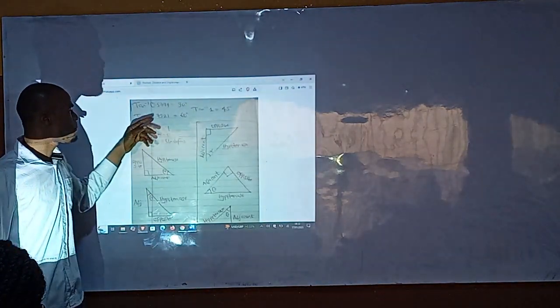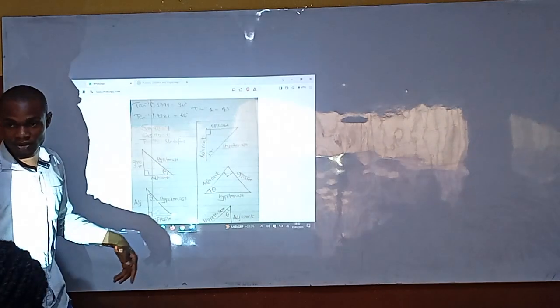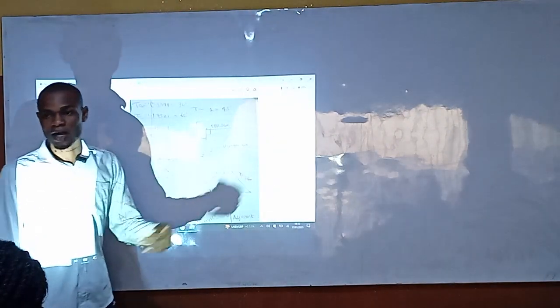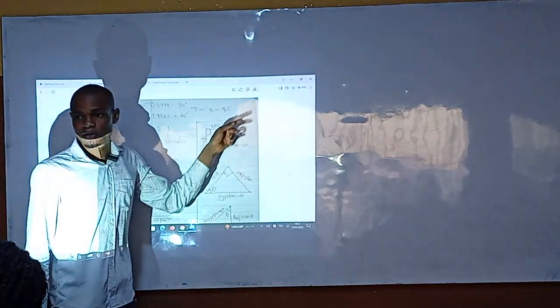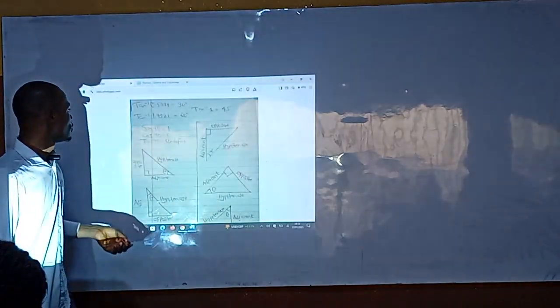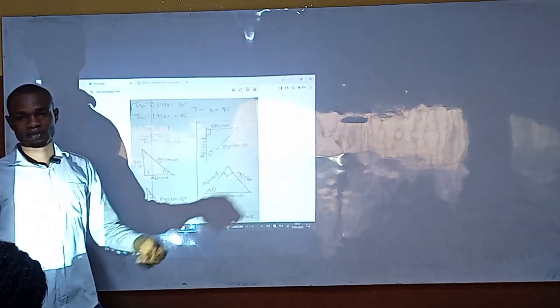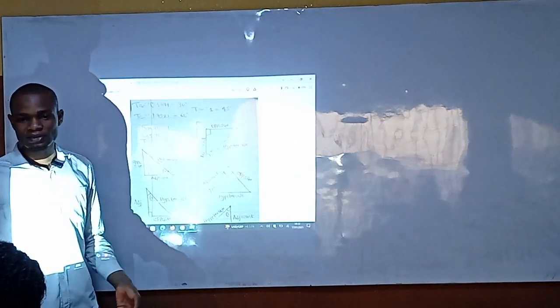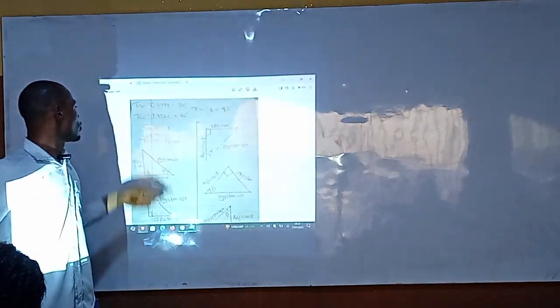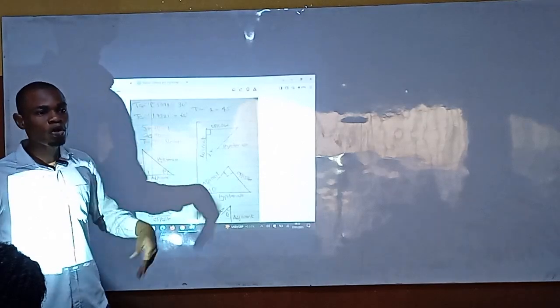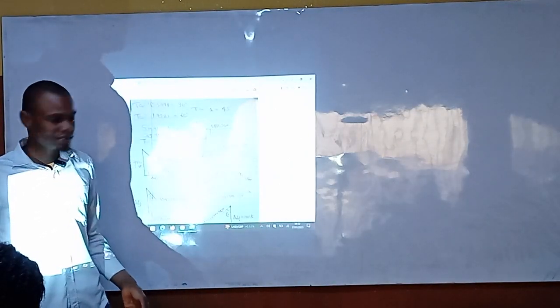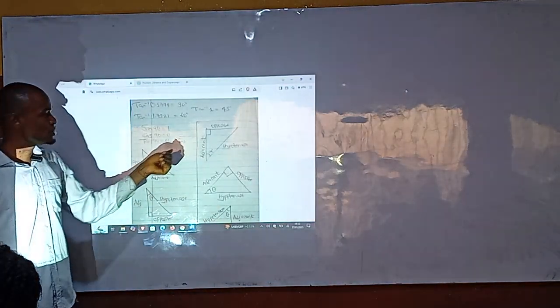Arc tan 1.7321 is 60 degrees. Tan 45 is 1. Arc tan 1 is 45 degrees. Sine 90 is 1. Arc sine 1 is 90, right? Cos 90 is 0. Arc cos 0 is 90 degrees. Tan 90 is undefined.